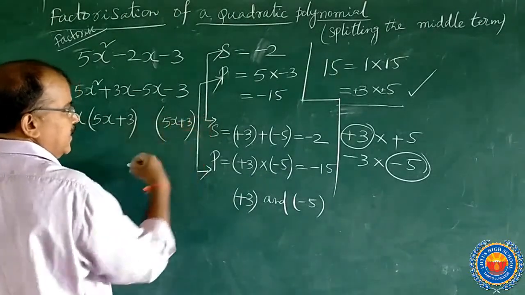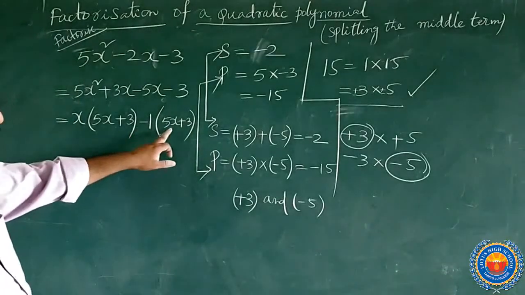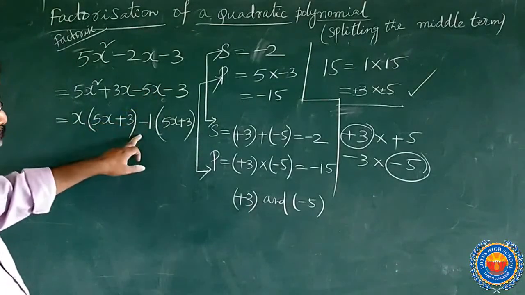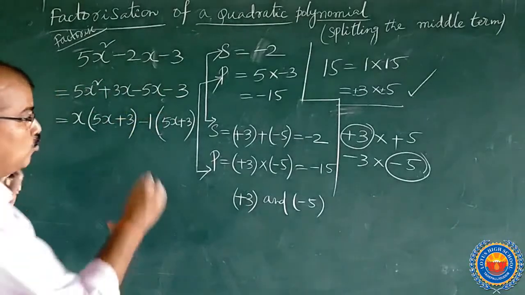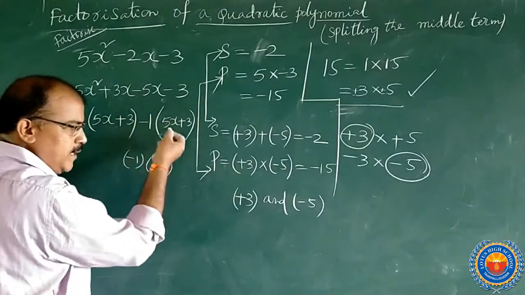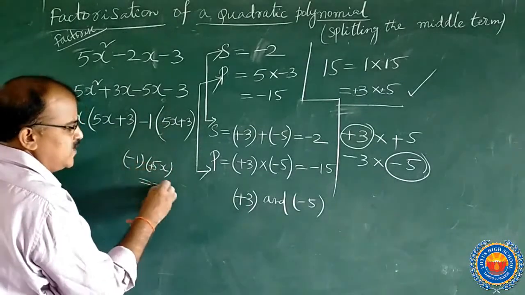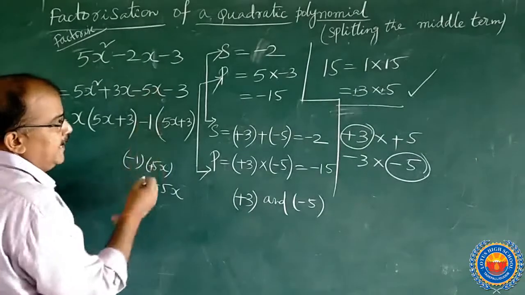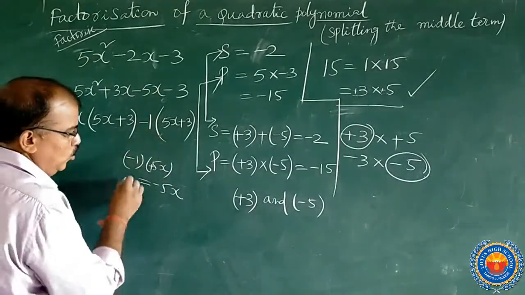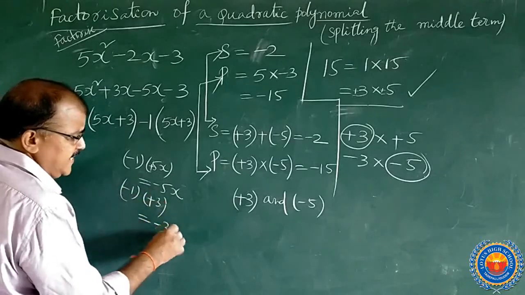Before that I am writing minus 1. Once you check, minus 1 into 5x is minus 5x. Here no symbol also means plus, so plus only. Minus 1 into plus 3 is minus 3.